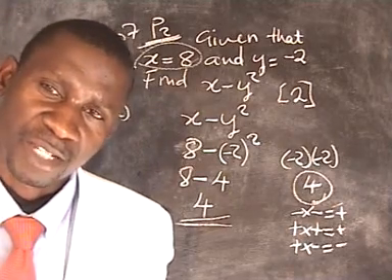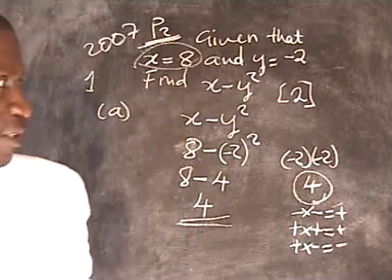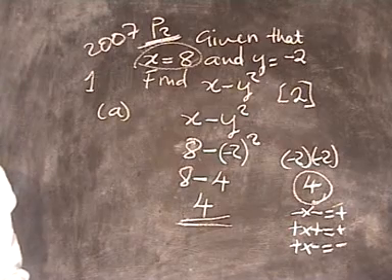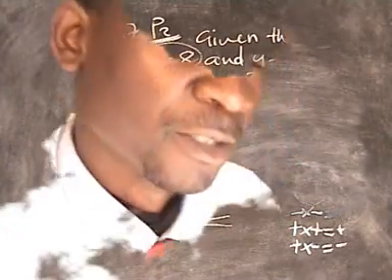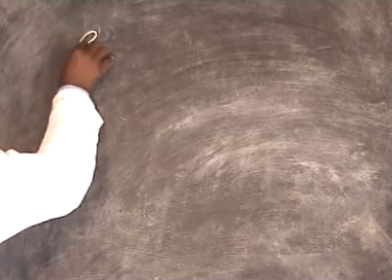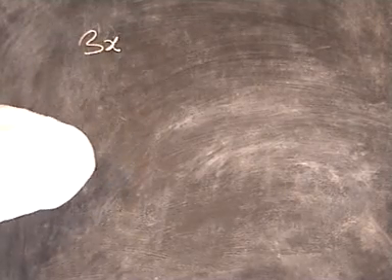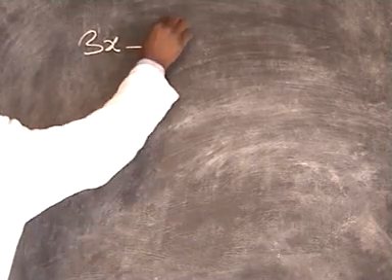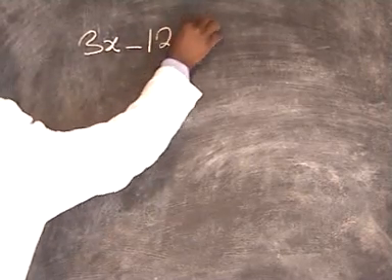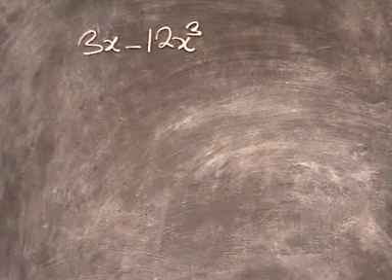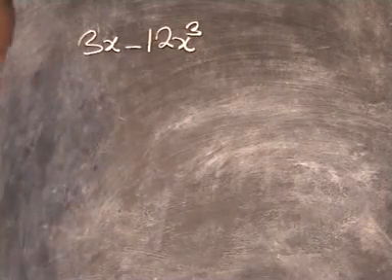This time around, let us look at question B. What is this question B all about? Question B is all about factorize completely. And what are we going to factorize? We are going to factorize 3x minus 12x to the power 3. And this is factorize completely, and again the number of marks you have seen, it is 2 marks.